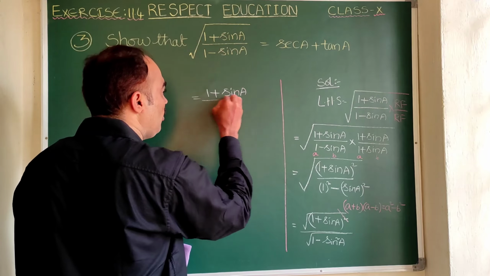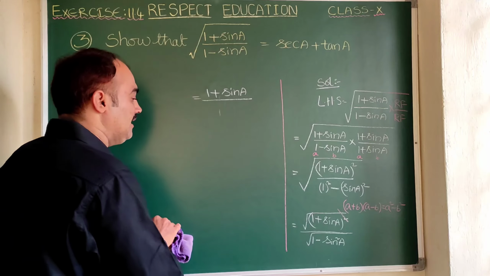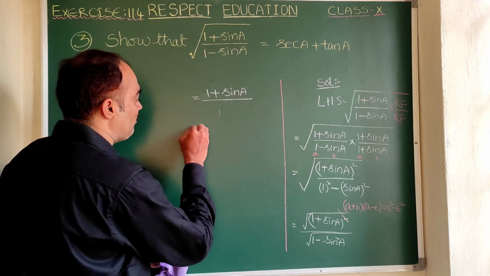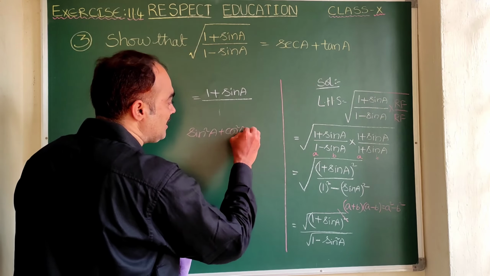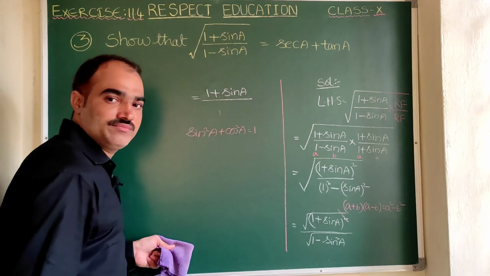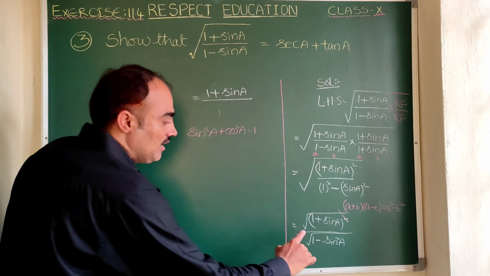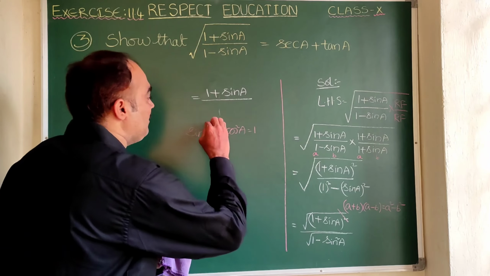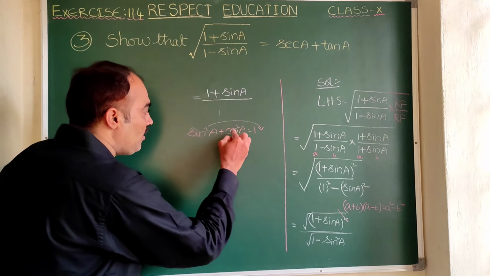When you come to the denominator, 1 minus sin square A. See here, there is a formula from identities: sin square A plus cos square A is equal to 1. Right? From the trigonometric identity, that is 1. Now 1 minus sin square A means send the sin square A this side. Then here what is left?